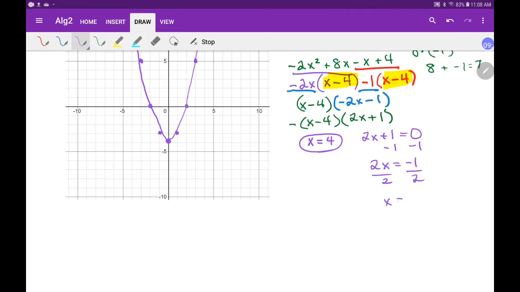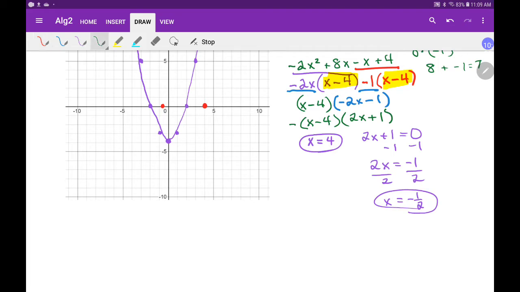We'll say x is equal to negative 1/2. And we look back up there and we say, is that true? 2 times a negative 1/2, if I put that in right here, I'll get negative 1, won't I? And negative 1 plus 1 will be 0, so I'm good. So that tells me the two places where I'm going to go through: x equals 4, and also x equals negative 1/2.